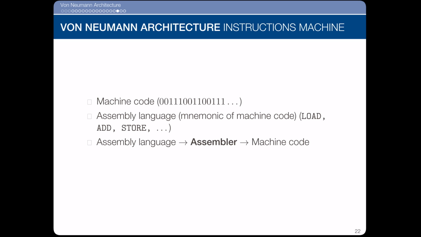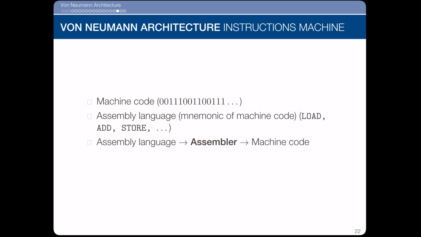So we can write with a language that is very close to the machine code instruction sets. This is the assembly language, and a program called the assembler then translates this language to actual machine code.